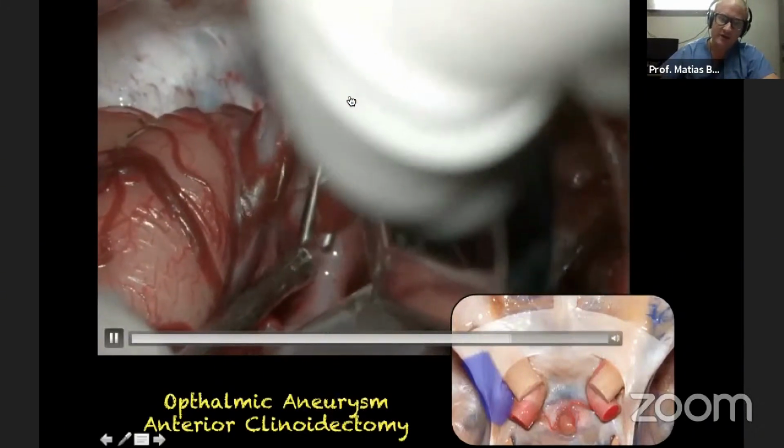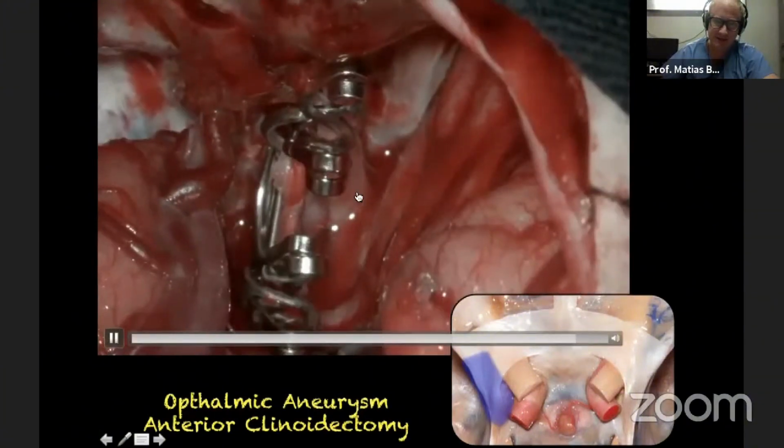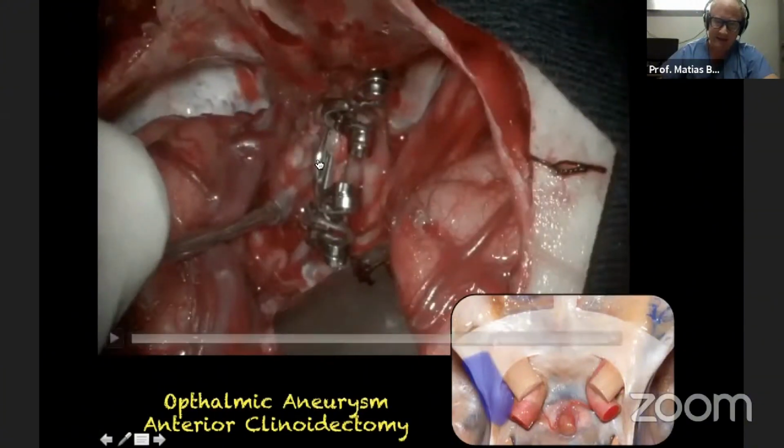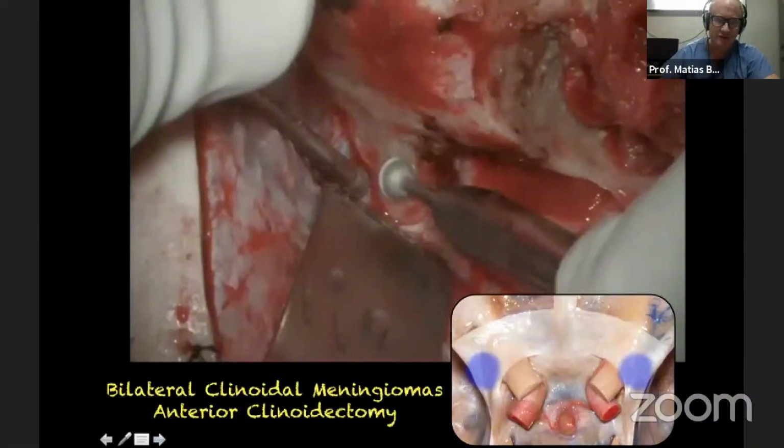This maneuver of removing the anterior clinoid process is very important in some cases, and it is not a simple maneuver that should be, again, achieved in a laboratory room before operating on our patients.